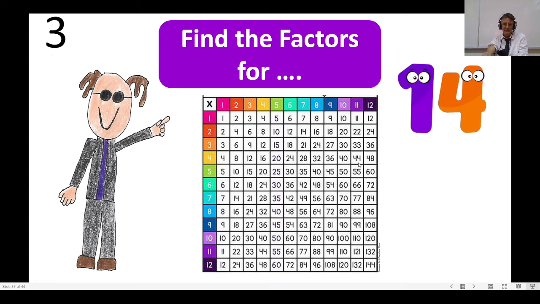And the answers, let's take a look. We've got 2 times 7 equals 14, and that is it. So the factors for 14 are 2 and 7.